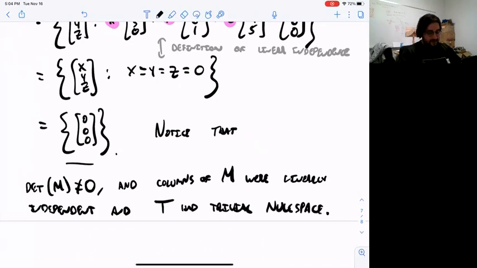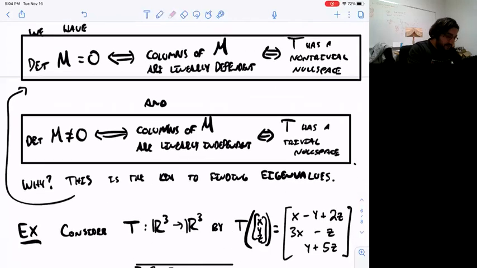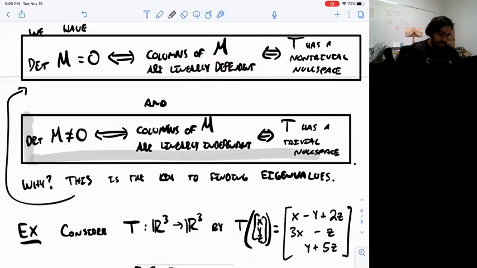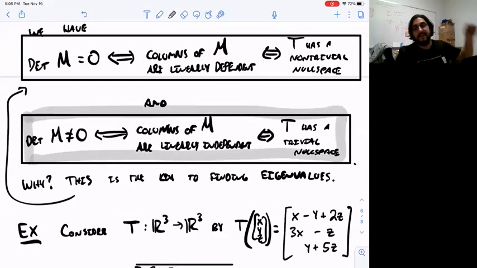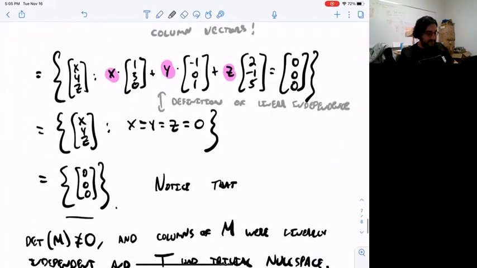So we got to observe exactly this little connection. We had a non-zero determinant, the columns were linearly independent, and the linear transformation itself had a trivial null space. So there we go. There's a key connection between all of those ideas worked out in an example. All right. Thank you.